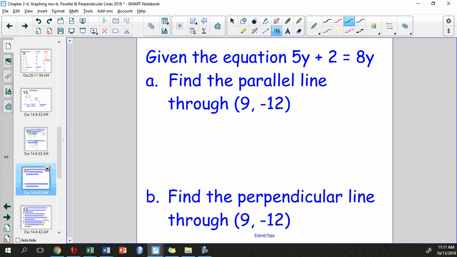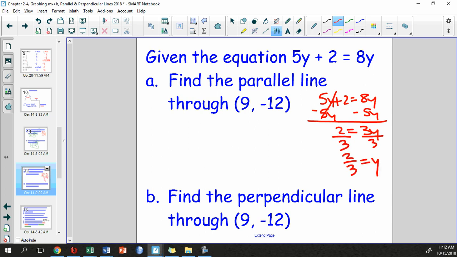Same concept. So I'm going to take the given equation and what am I going to solve for? So I have 5y plus 2 is equal to 8y. Subtract the 5y. And I have 2 is equal to 3y. Then what? So 2/3 is equal to y.